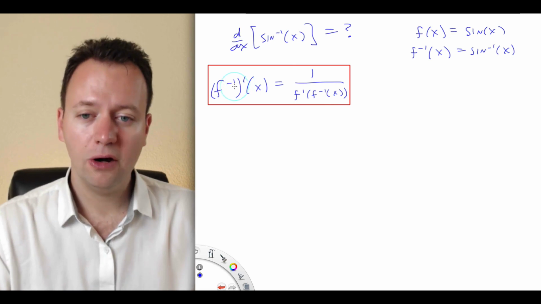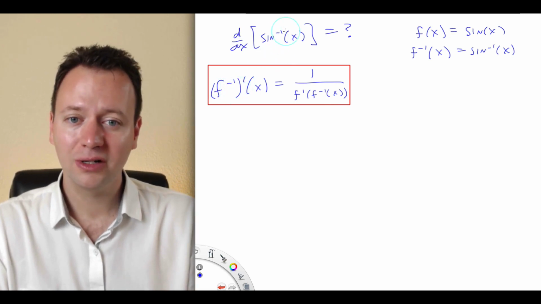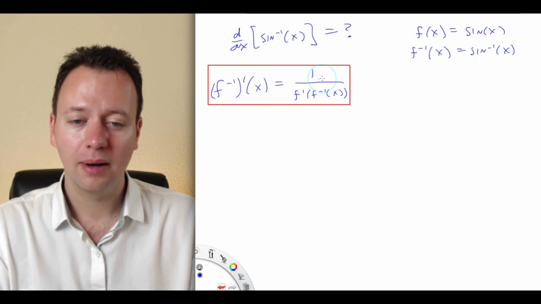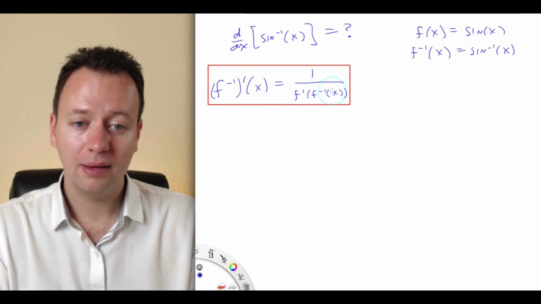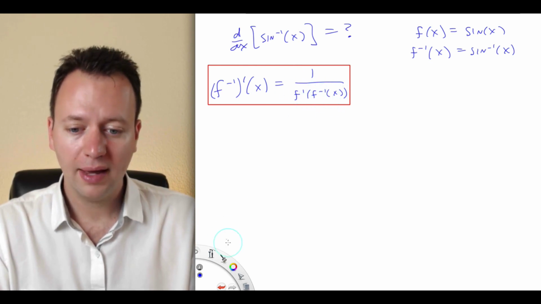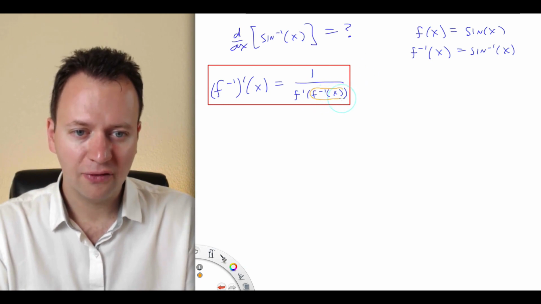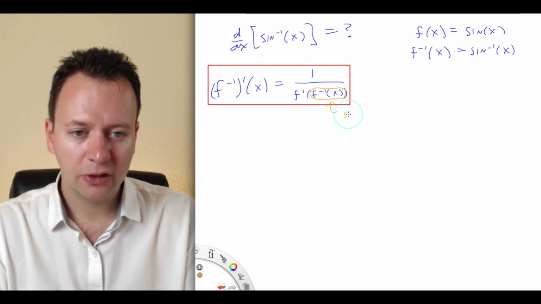So basically here, f inverse is just the arcsine function, and the left-hand side is just the derivative of the arcsine function. So this formula gives us exactly what we're after. And on the right-hand side, the input is just f inverse, so for us, that's just going to be arcsine of x.